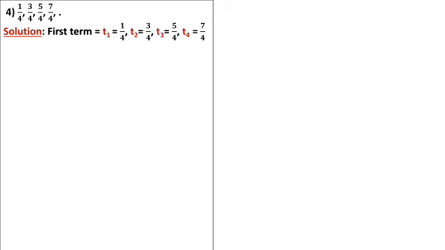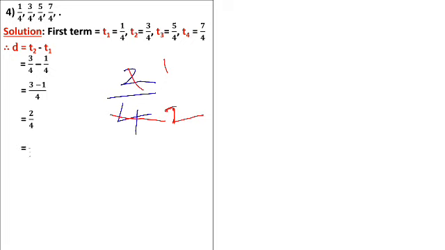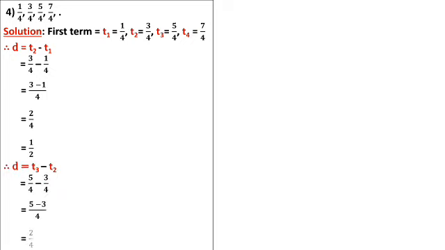And the fourth one is given in the fraction form. T2 is equal to 3 upon 4 minus 1 upon 4. So the denominator is the same. So 3 minus 1 we get 2 upon 4. So 2 1s are 2, 2 2s are 4. So answer is 1 upon 2. Same way we will do the other also.